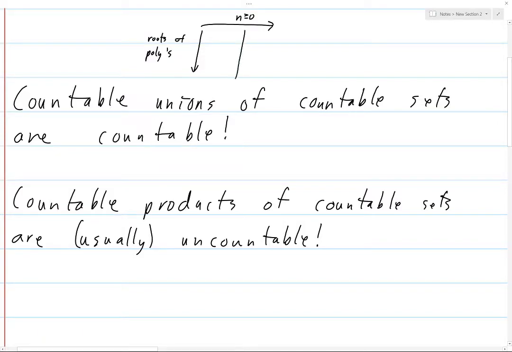So if you look at this column here, for a fixed n, this column contains the countably many roots of polynomials of degree n.